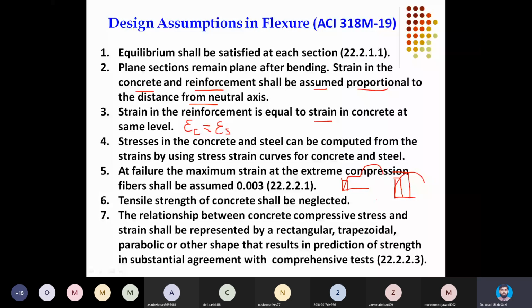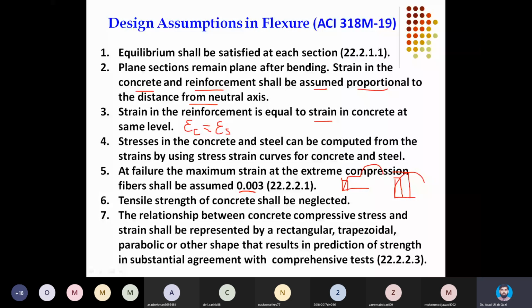Furthermore, as per ACI provision 22.2.2.1, failure strain in concrete at the extreme compression fiber shall be assumed 0.003.